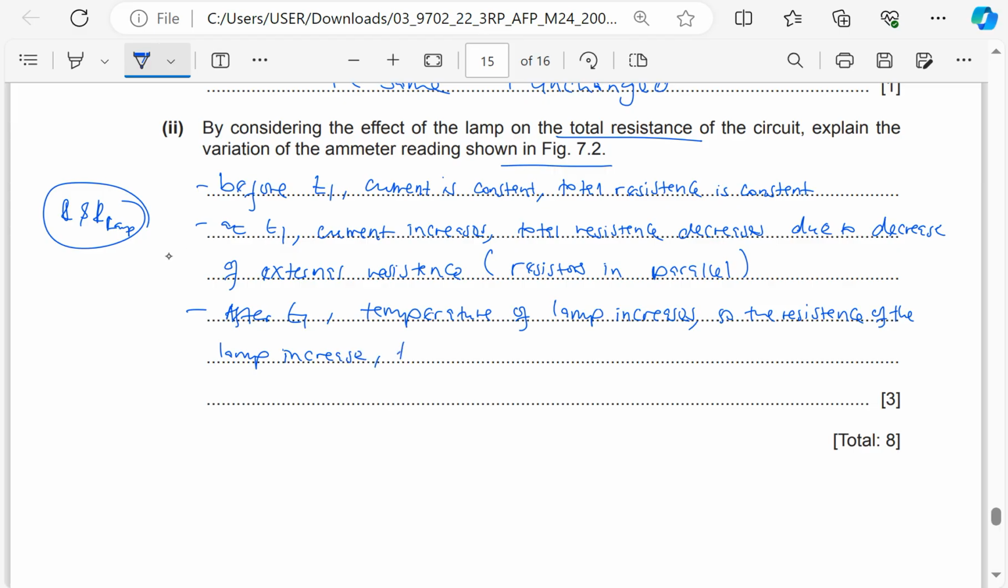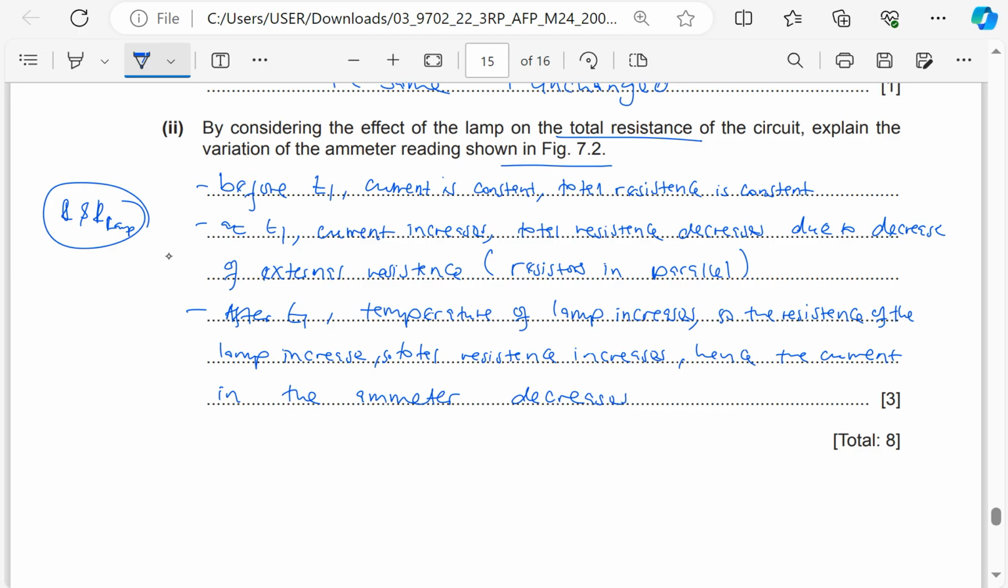Total resistance increases, hence the current in the ammeter decreases.